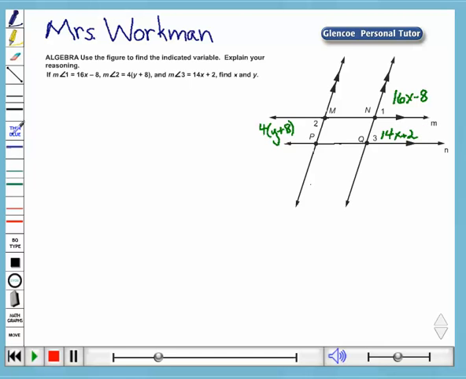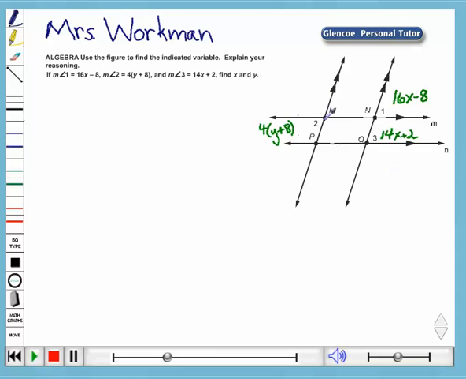Alrighty, we are asked to find x. So I'm looking at the given measures of those three angles, and I notice that there's an x in the expression that is the measure of angle 1, and there's an x in the expression that is the measure of angle 3. Now, what do I know about angles 1 and 3 with respect to the whole diagram?